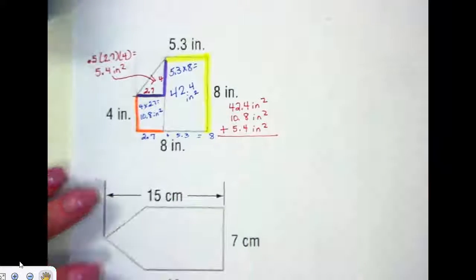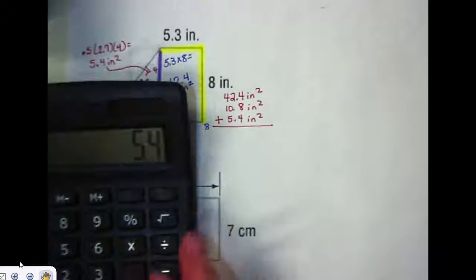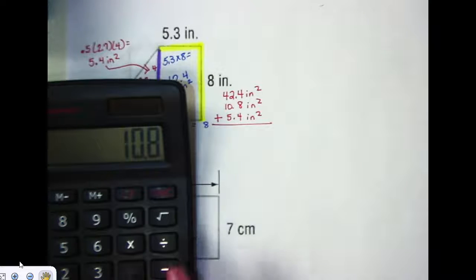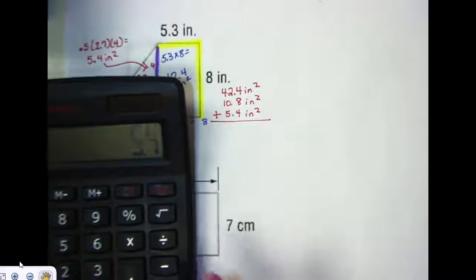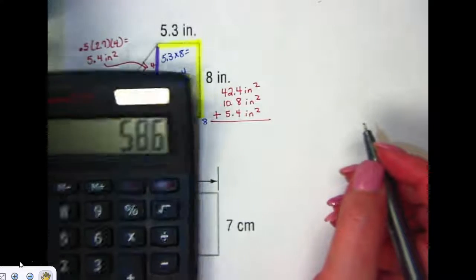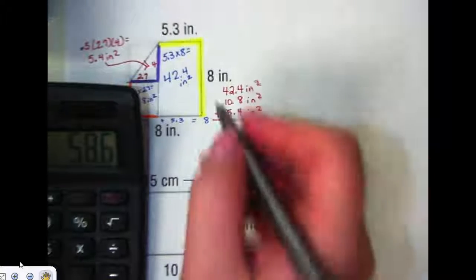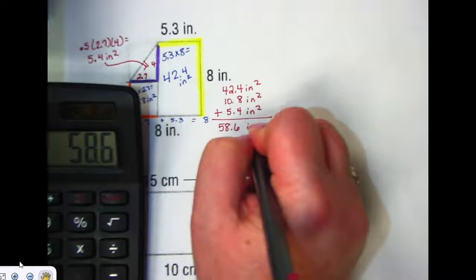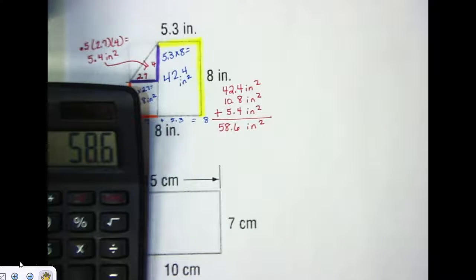Add those up. We should get our answer. And we get 58 6/10 inches squared.